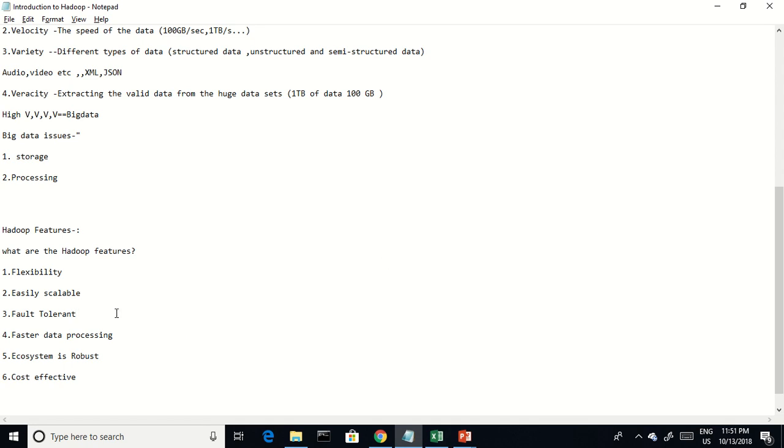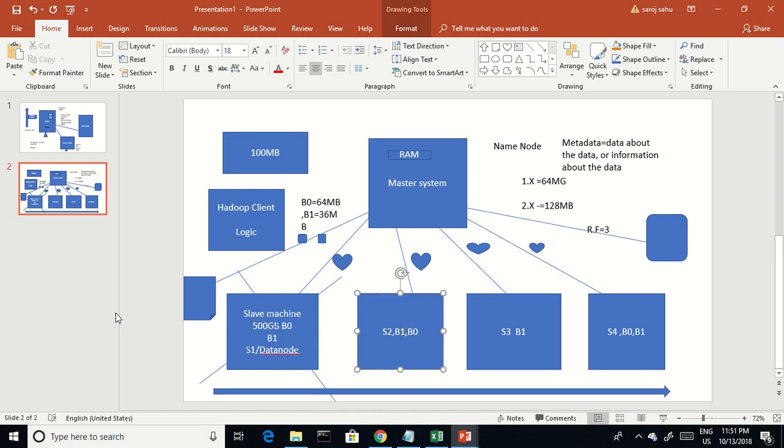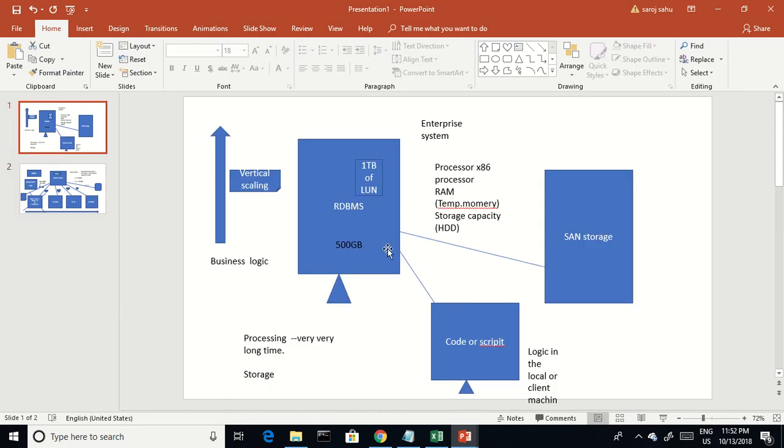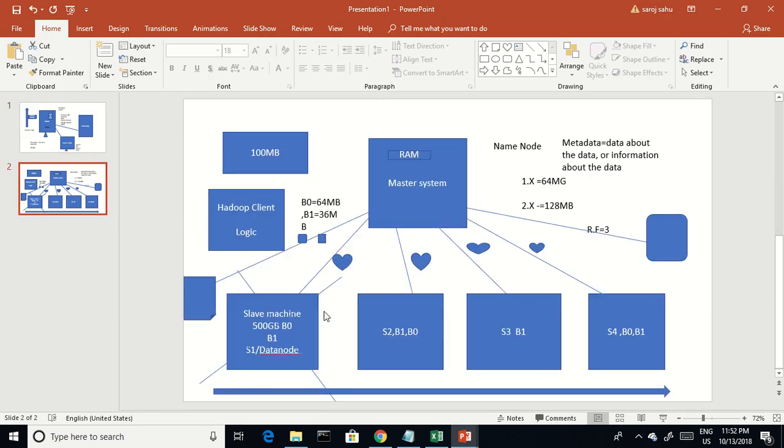Faster data processing. How can we say the data processing is very, very fast? Because in the traditional system, only one system is processing the data and it will take a long time. But here in Hadoop, the same task, the same logic, is processed on different machines. So the processing time is very, very less, because I get parallel processing.